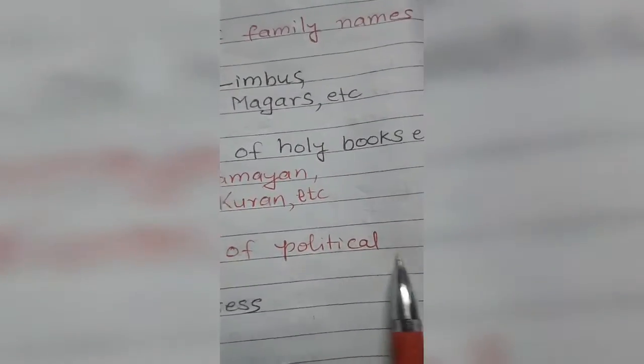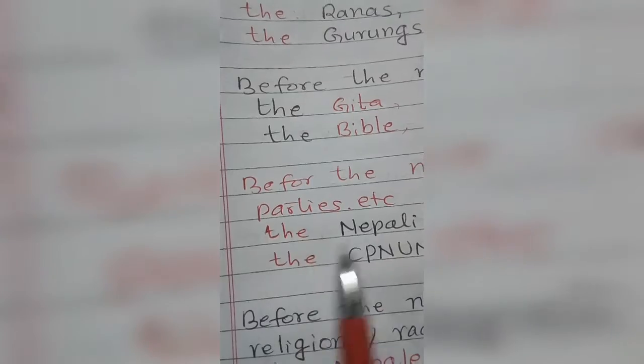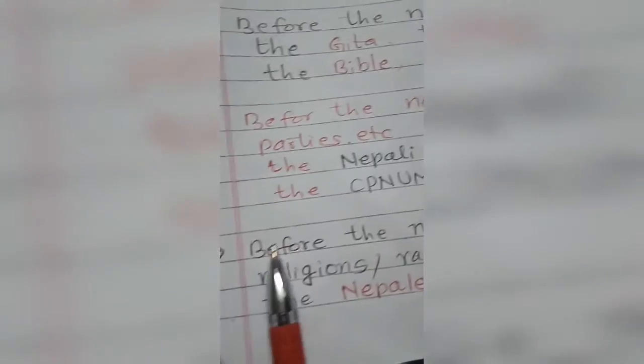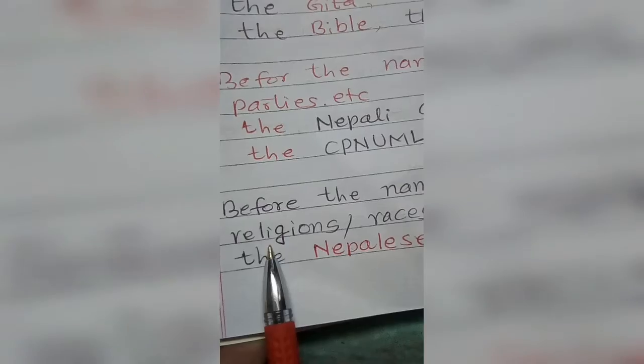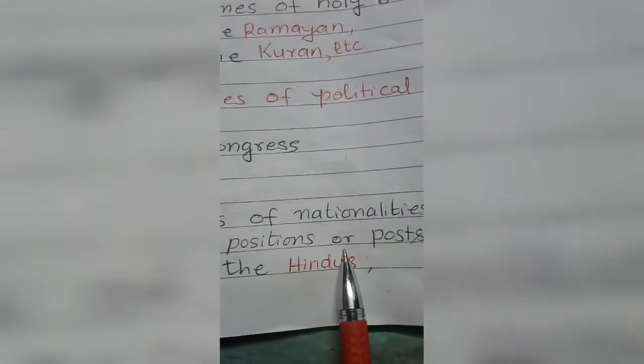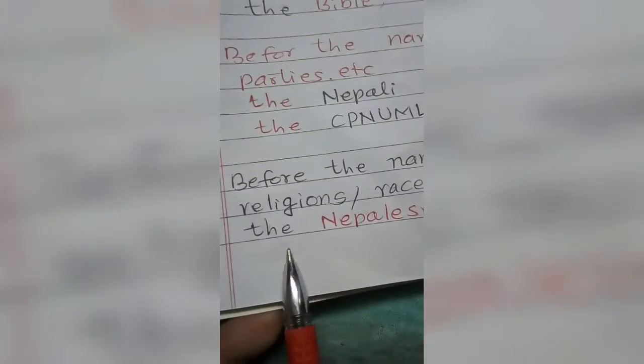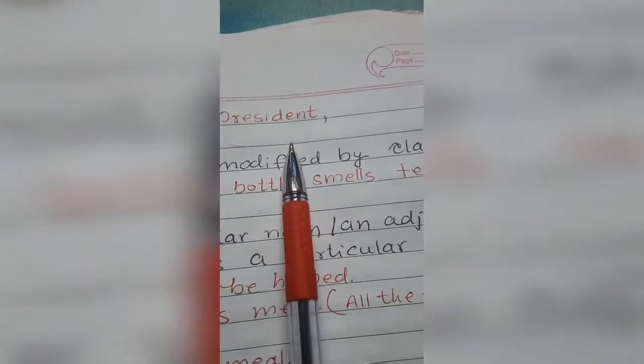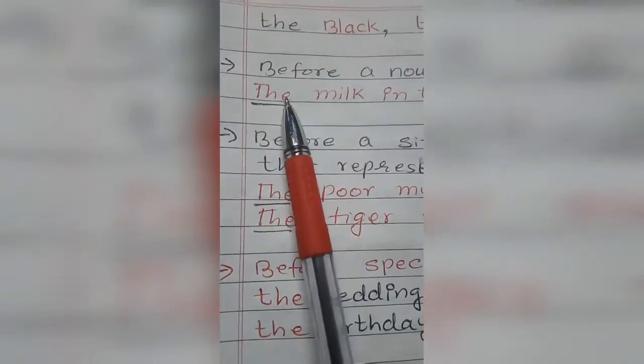Similarly, before the names of political parties, we use the article: the Nepali Congress, the CPN UML, etc. We use "the" before the names of nationalities, religions, races, positions or posts. Look here: the Nepalese, the Hindus, the black, the president.